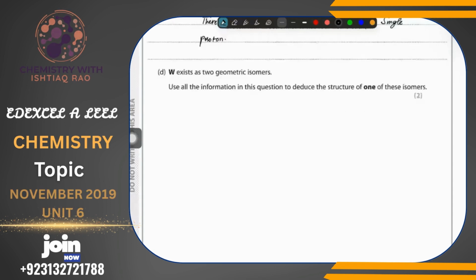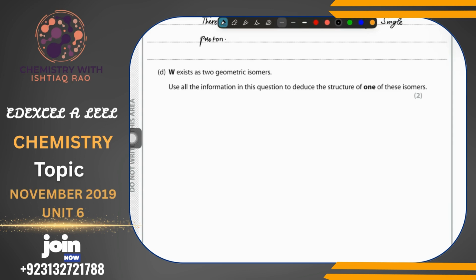W exists as two geometric isomers. Use all the information in this question to deduce the structure of one of these isomers. It's a carboxylic acid. This is confirmed because it was reacting with carbonate, and it has given the positive test for PCl5. It may be an arene because it was giving a very smoky flame, and it has given the positive test for an alkene.